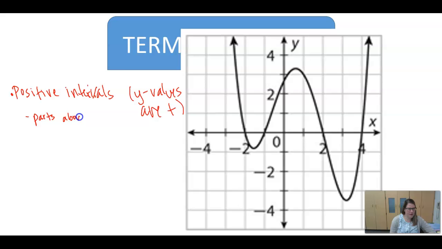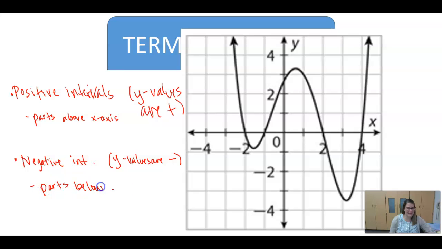The parts of the graph that are above the x-axis are positive intervals, and then negative intervals are, of course, the opposite. So negative intervals are where the Y values are negative, and it's the parts that hang down below the x-axis.